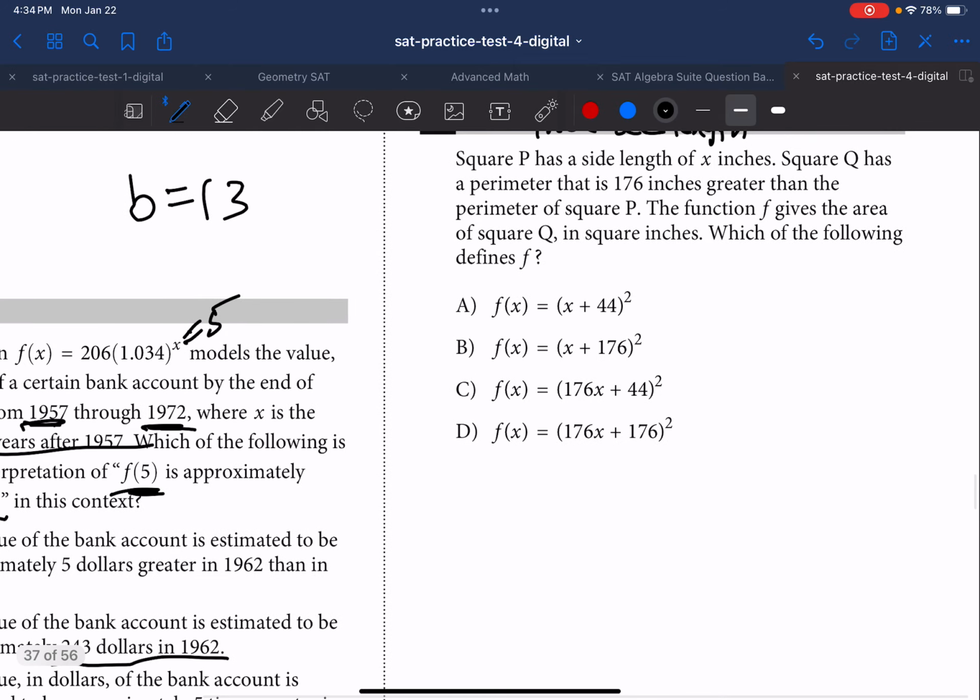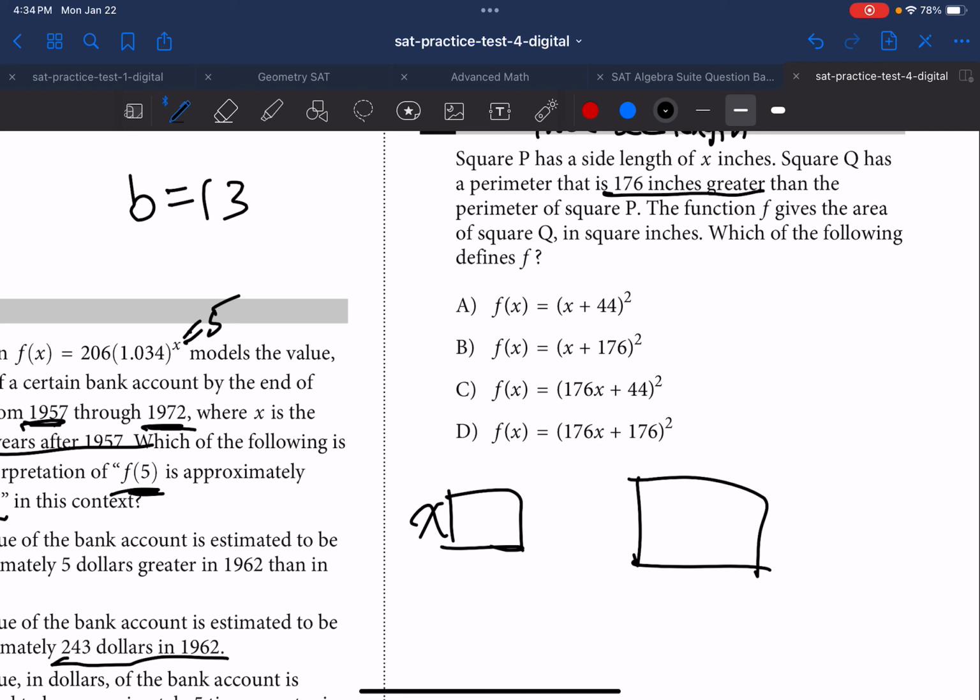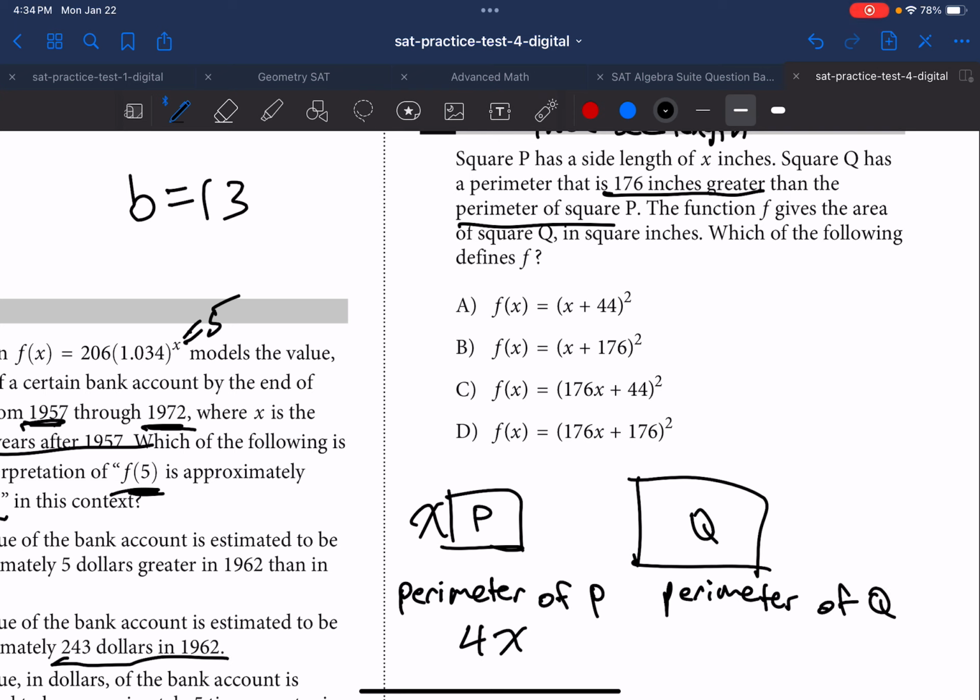Square p has a side length of x, and there's square q that has a perimeter that is 176 inches greater than the perimeter of square p. This is p, this is q. So the perimeter of p is 4x. Perimeter of q would be 4x plus 176.